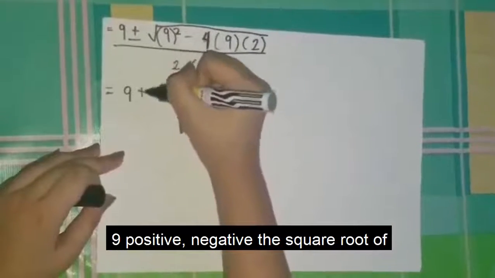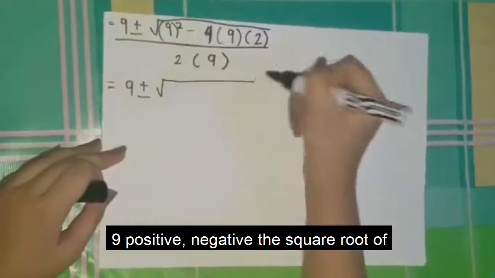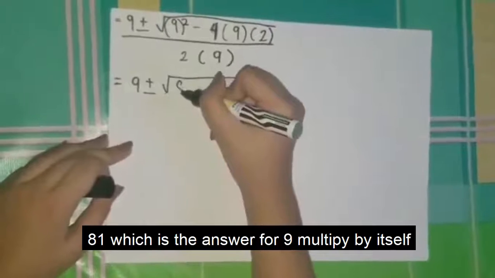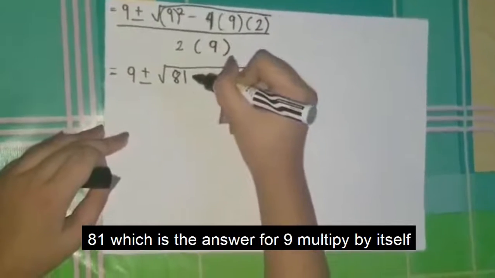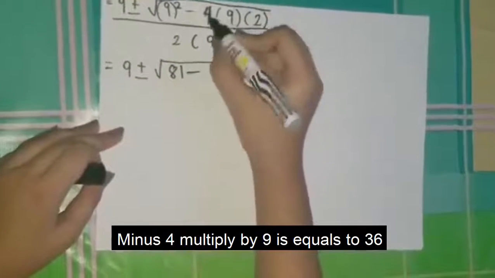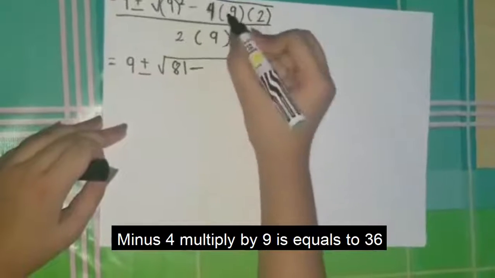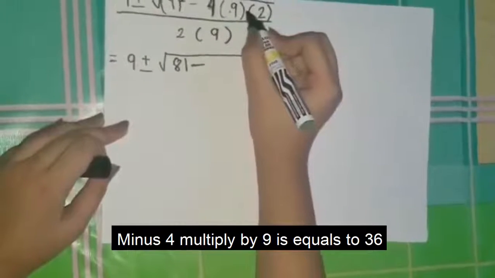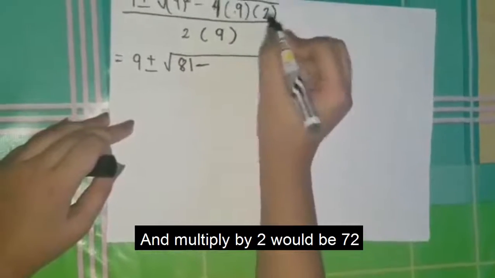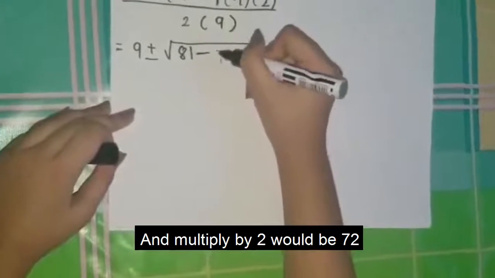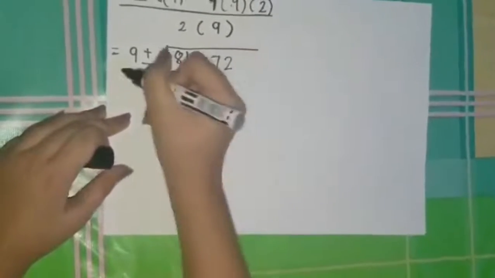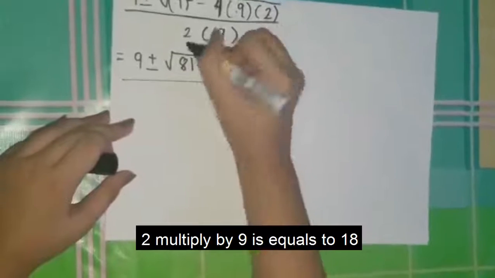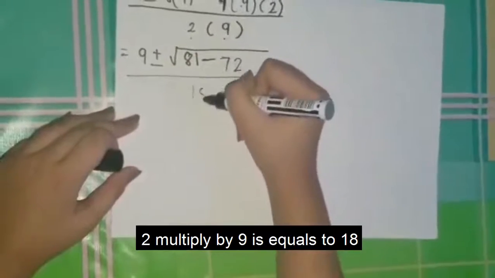9 plus or minus the square root of 81, which is the answer for 9 times 9, minus 4 times 9, which is 36, and times 2 will be 72, all over 2 times 9, which is 18.